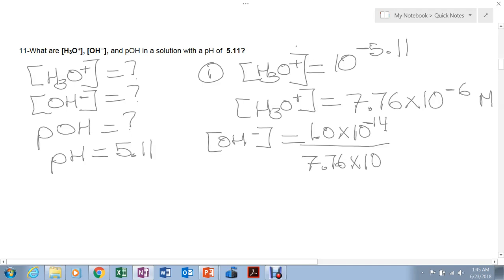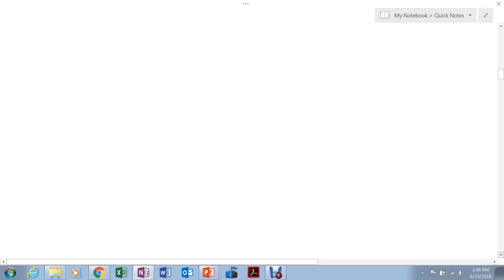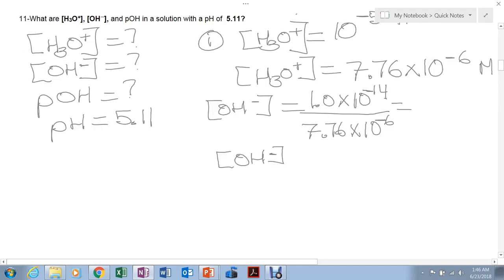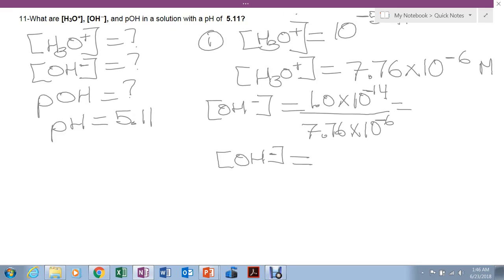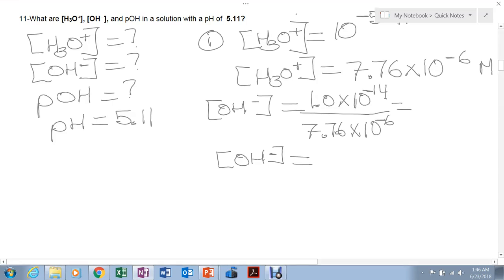So the concentration of OH negative is equal to 1.0 times 10 to the negative 14 divided by 7.76 times 10 to the negative 6.